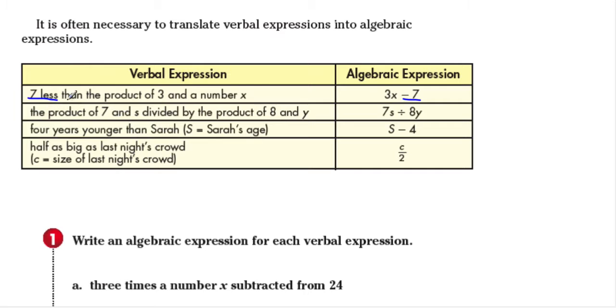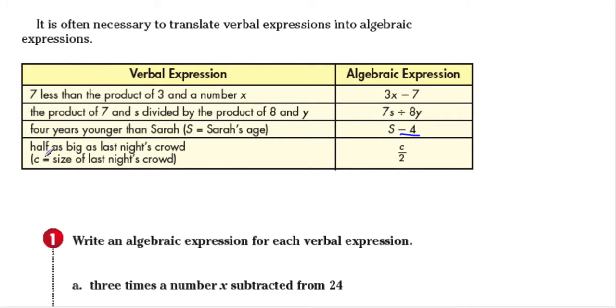This means the product of 3 and the number x, minus 7. Next, the product of 7 and s divided by the product of 8 and y. Then, 4 years younger than Sarah, if s represents Sarah's age. So 4 years younger simply means minus 4. You subtract 4 from the age, and s represents Sarah's age, so s minus 4.